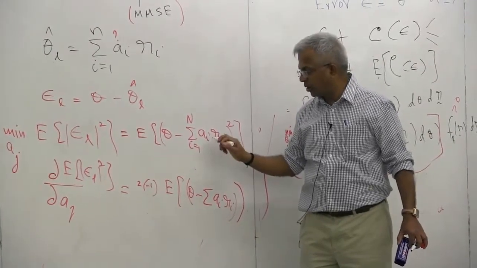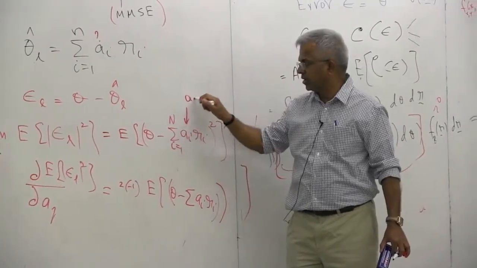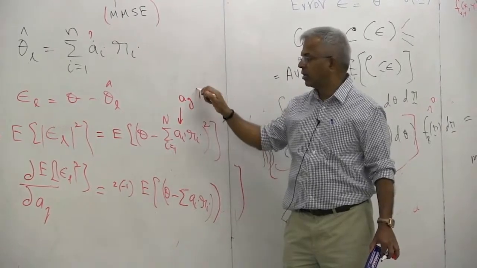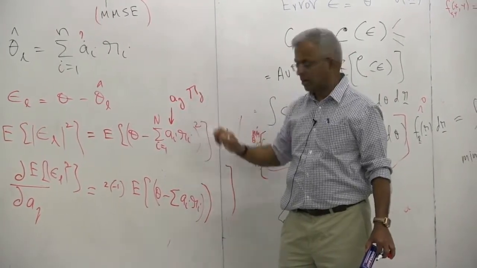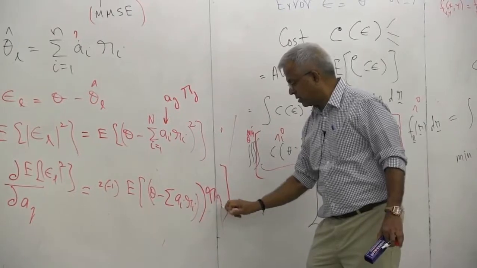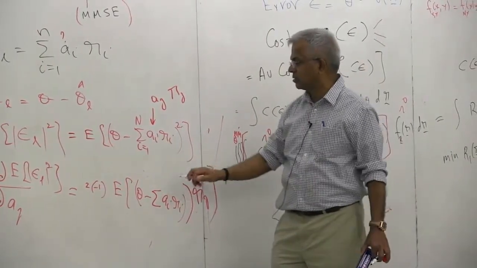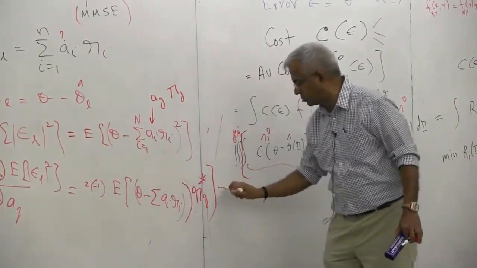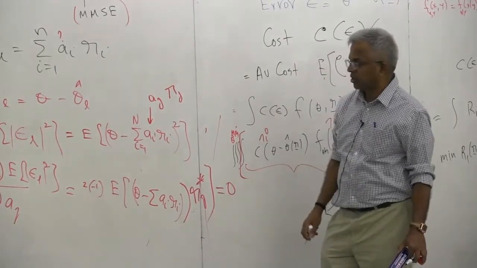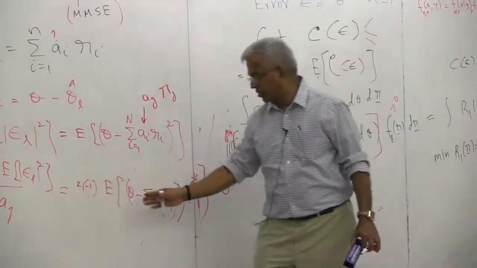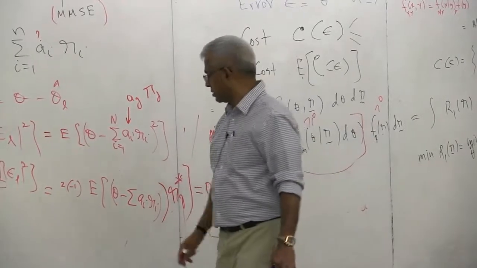Summation, but there is only one term, you only need to take the derivative with respect to a_j. So what multiplies a_j? So that's what it is, right? In the complex case actually it is because this is absolute value squared, so this should be equal to 0. So we can ignore the 2 and minus 1.